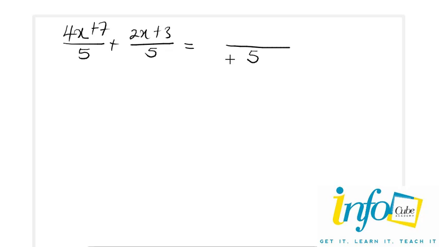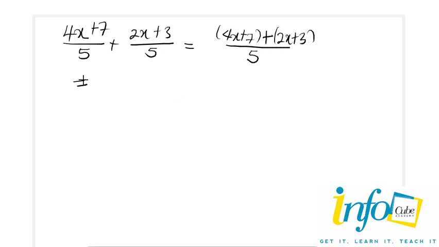Now let's advance further to the higher part of it. You have 4x plus 7 over 5 plus 2x plus 3 over 5. Since the denominators are the same, we pick 1. 5 divided by 5 is 1. 1 times 4x plus 7, you have 4x plus 7. Then plus 2x plus 3.